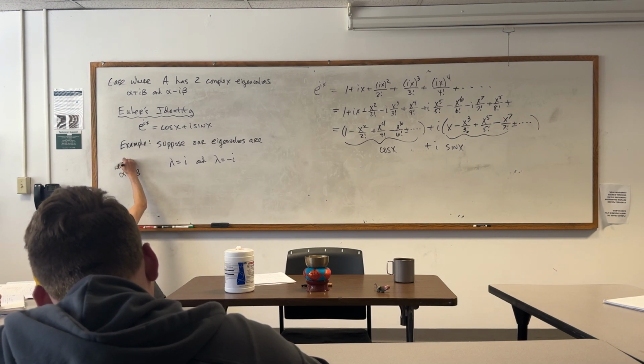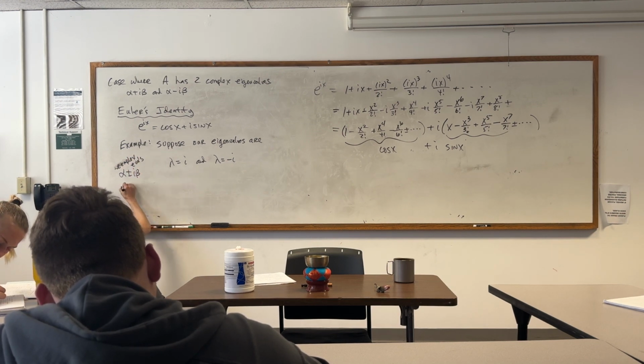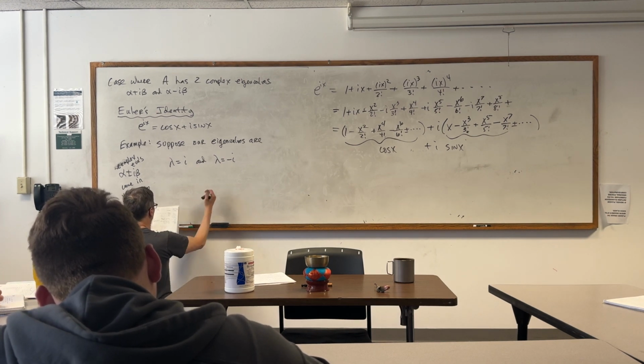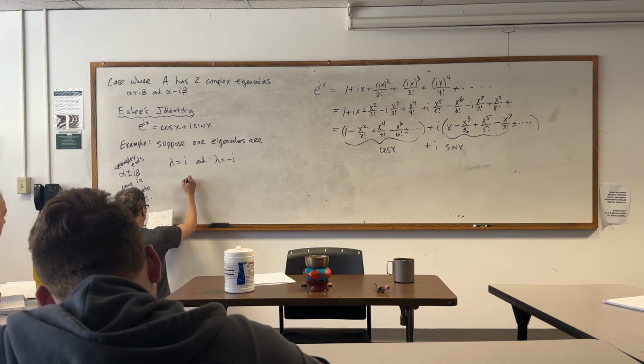Let me write that up here: complex eigenvalues come in conjugate pairs. Always, for anything we'll ever do. It's not the most ultimate generalization, but we're all good.